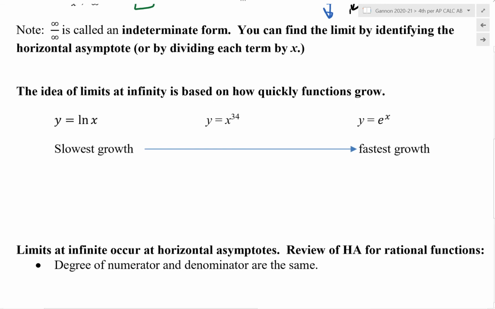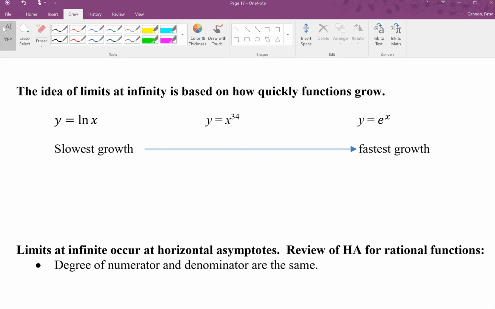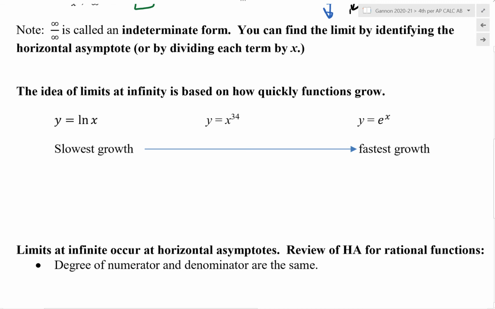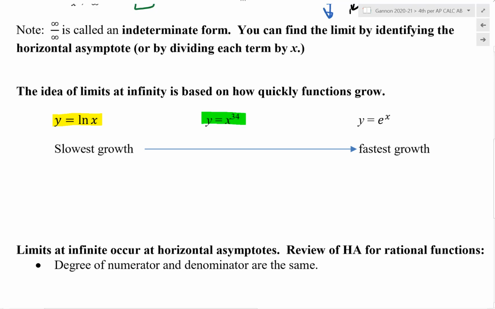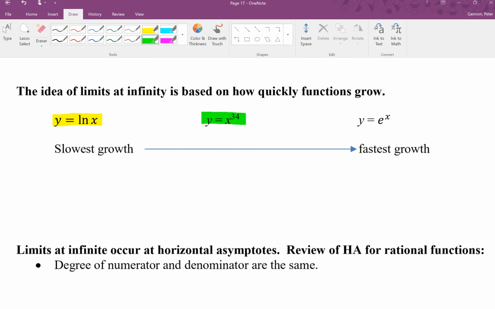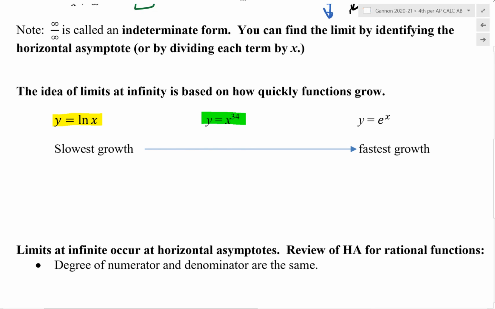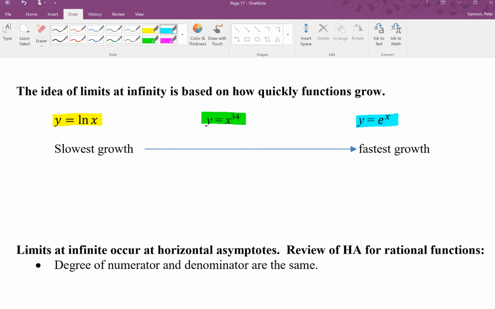All right, the next idea we have here says the idea of limits at infinity is based on how quickly functions grow. There are 3 types of functions listed here. We have y equals ln of x, which is a logarithmic function. We then have y equals x to the 34th power, which is a polynomial function, and then y equals e to the x, which is an exponential function.